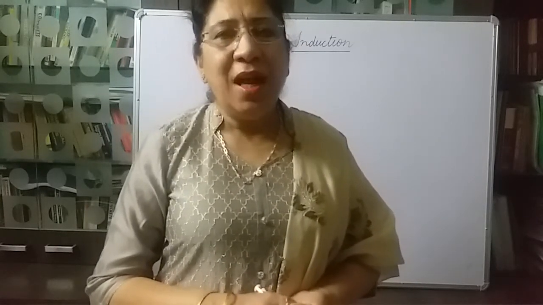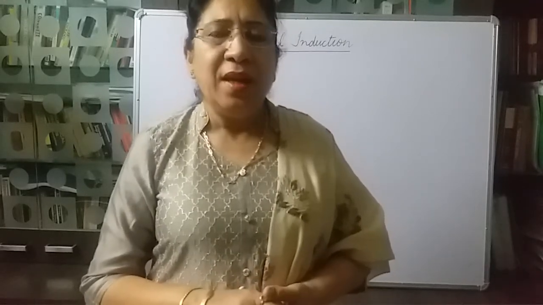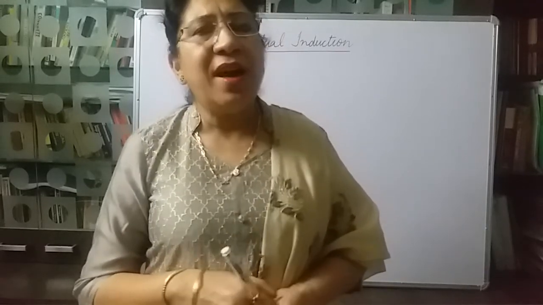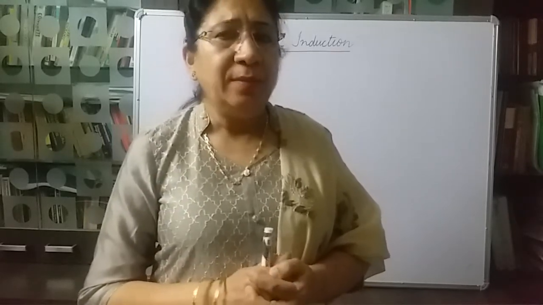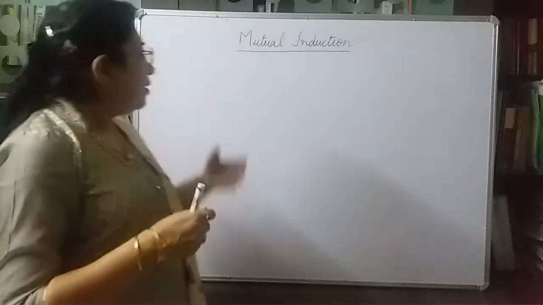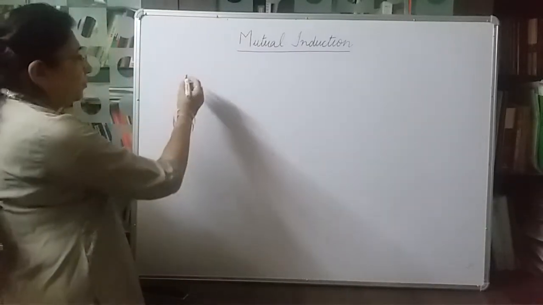Hello students, in the last class we had started the unit EMI and AC, and we had discussed Faraday's laws of electromagnetic induction, eddy currents, etc. The topic for today is mutual induction. Here let us take two coils.